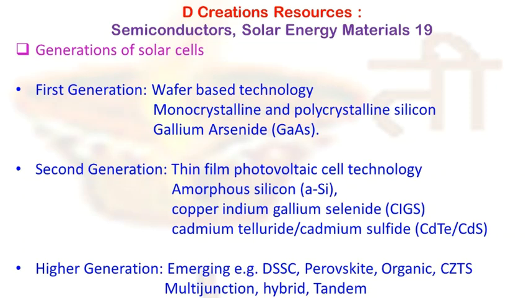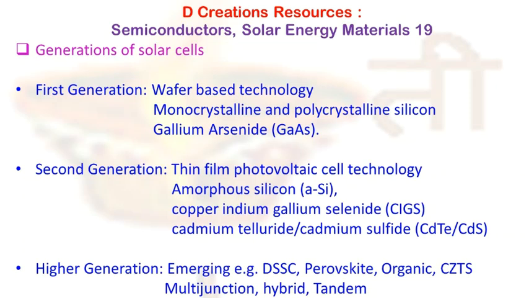Then there are perovskite solar cells and concentrated solar cells. Also there can be multiple junction, so there can be tandem solar cells, and there can be hybrid solar cells, which may contain metal nanoparticles, metal oxides, carbon nanotube, graphene, etc.